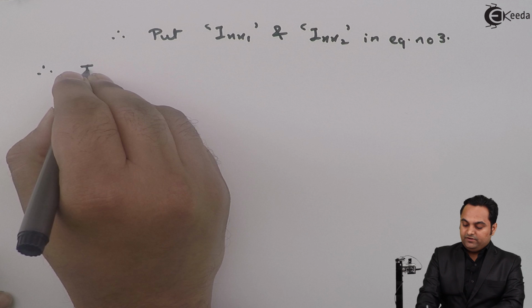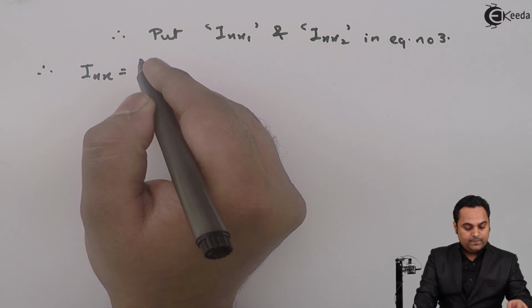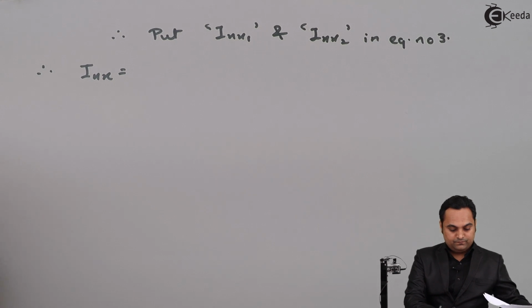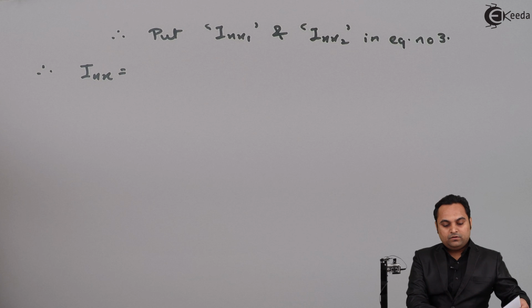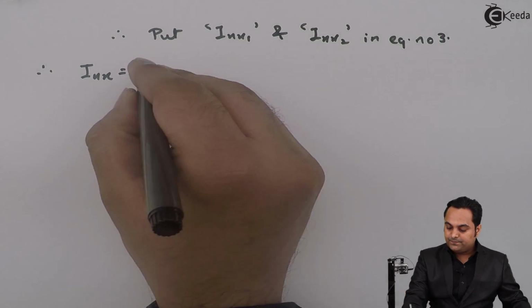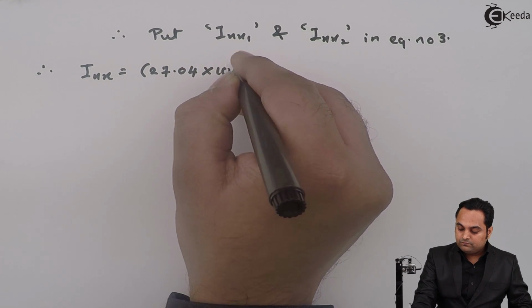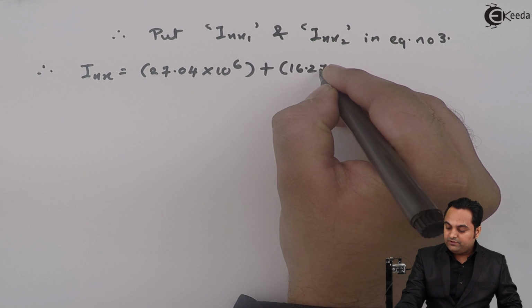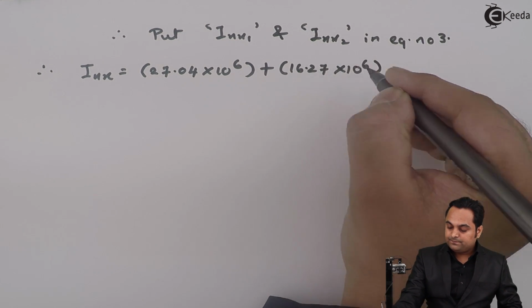So in equation 3 we have Ix is equal to Ix1, that was 27.04 into 10 raised to 6, Ix2 16.27 into 10 raised to 6.